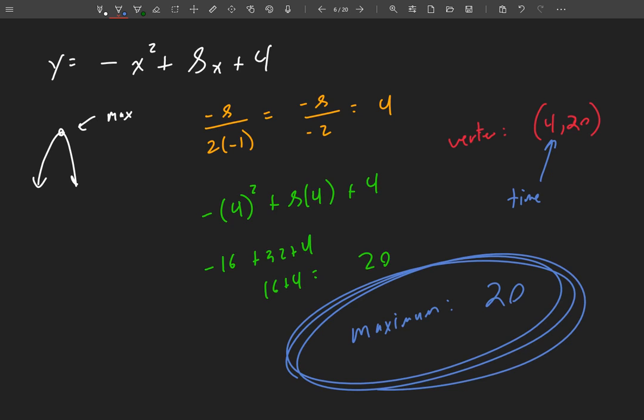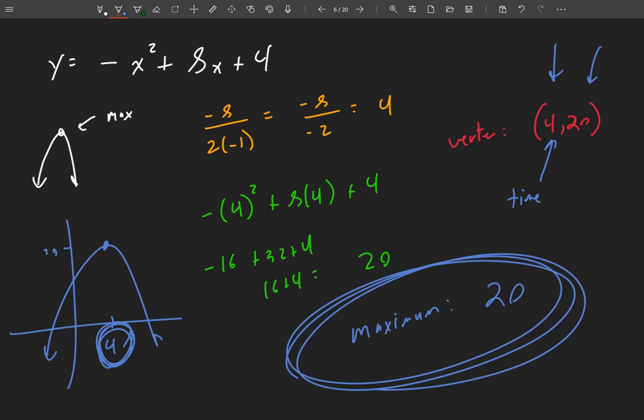Or let's say your function tells you how many units of something you can sell before you start losing money, and what's the maximum amount of money. So you could think, okay, time might be after 4,000 units, you're going to make a maximum profit of $20 million, right? But after that point, it's going to start dropping. And so you can think of this, here's 4, here's 20, as when you're going to reach the maximum. And what is that maximum? 20. Right? Just kind of a neat way to think about this.